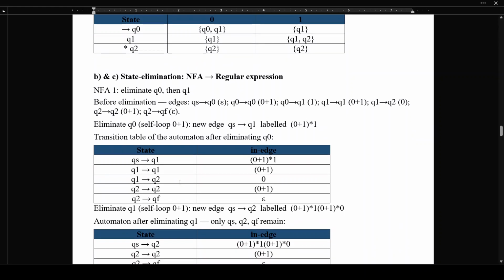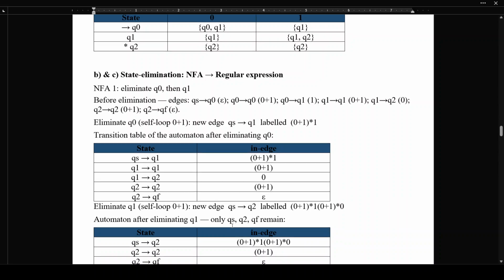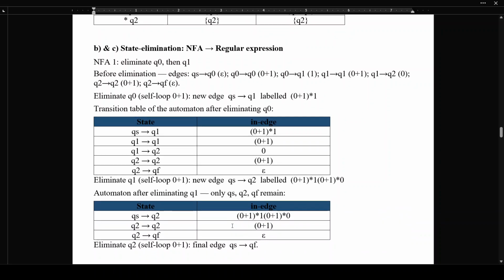Here we see that the states have been paired with each other, and the languages they accept are on the other side of the table. When eliminating q1, the self loop is 0 plus 1 looping on itself.